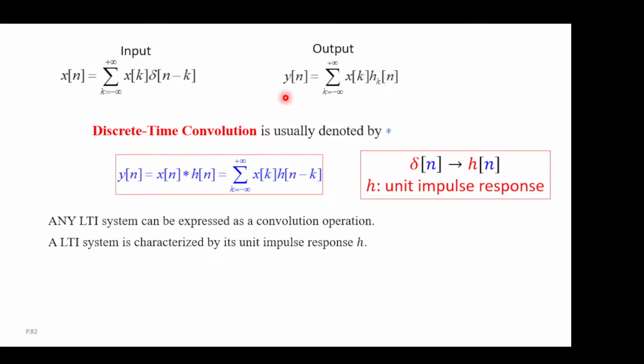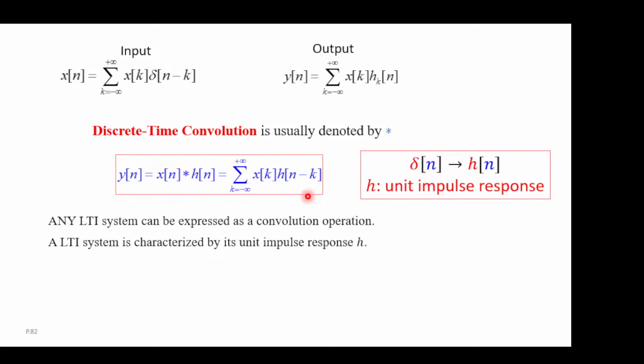But the system is also time invariant. So the response to a delta function at a different time is just a time shift of the response to the delta function. And so we arrive at the fact that we can describe the LTI system totally just by its response to the delta function, this h of n. So h of n, called the unit impulse response, is the system's response to the unit impulse delta of n.